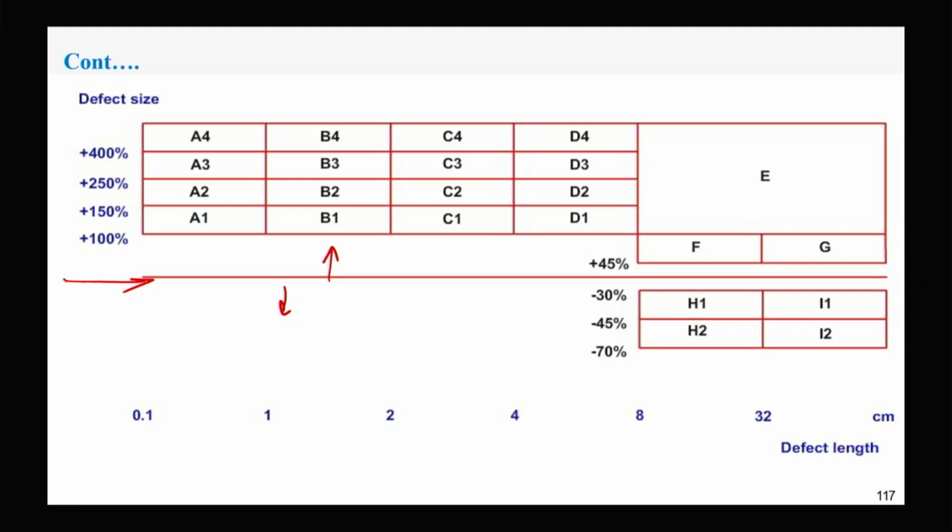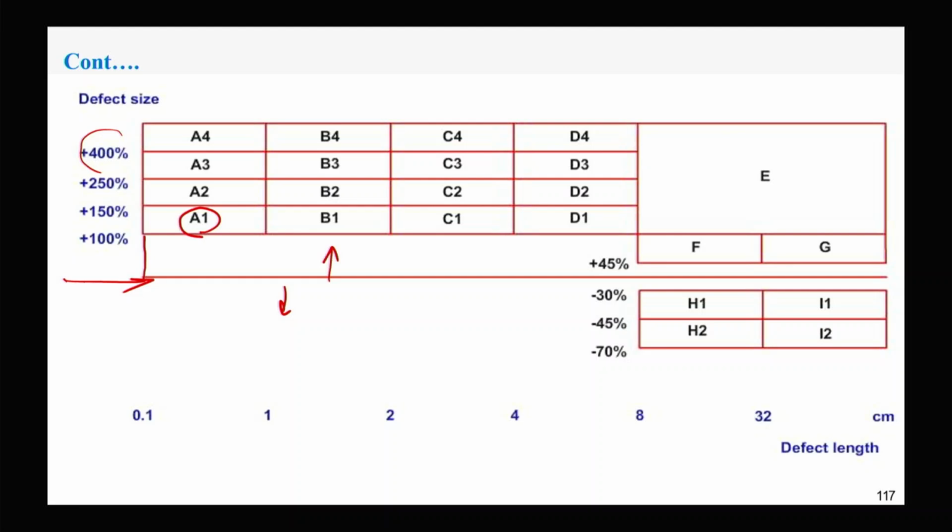Now these faults are classified. So plus 100%, plus 150, plus 250, plus 400. Between 100% and 150%, so 2 times or 2.5 times, it is classified as fault type 1.